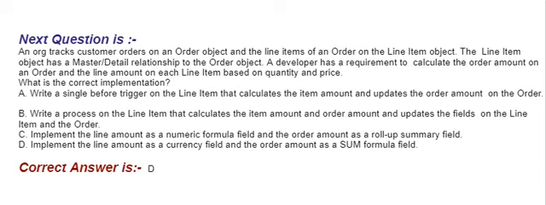Option A, write a single before trigger on the line item that calculates the item amount and updates the order amount on the order. Option B, write a process on the line item that calculates the item amount and order amount and updates the fields on the line item and the order. Option C, implement the line amount as a numeric formula field and the order amount as a rollup summary field. Option D, implement the line amount as a currency field and the order amount as a sum formula field. Correct answer is option D.